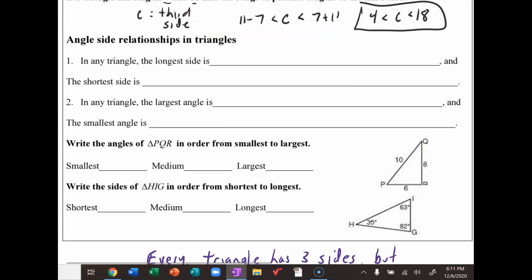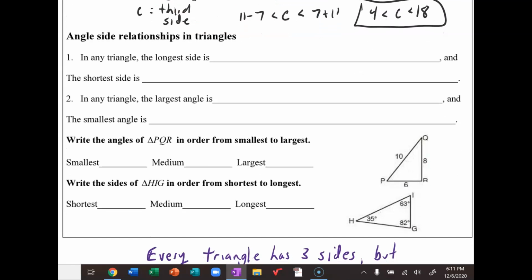All right, now there's another relationship here that's pretty interesting, and this is another inequality. In any triangle, the longest side will always be across from the largest angle. So opposite or across from the largest angle. The shortest side will always be across from the smallest angle.